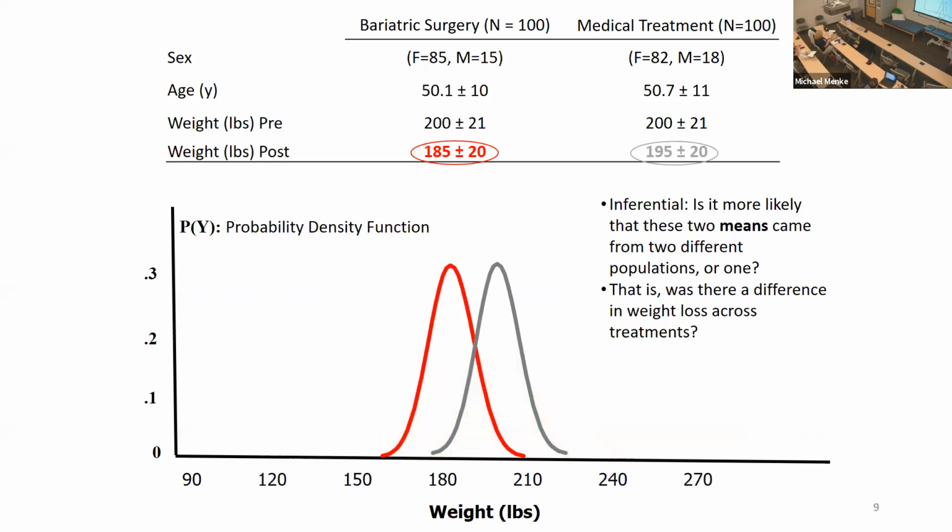So that's why we resort to these distributions, probability density functions. These are what we're going to compare in the theoretical sense. And then we can derive an answer that can be generalized from the sample to the population, assuming we do everything right. And we're focused here at this point on the between group differences, the size of the difference or the width of the difference, the interval between the mean of the bariatric and medical treatment groups.